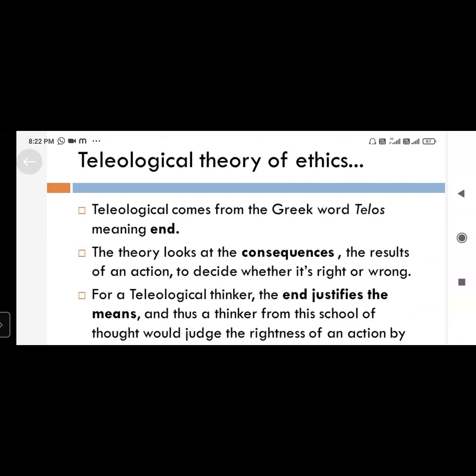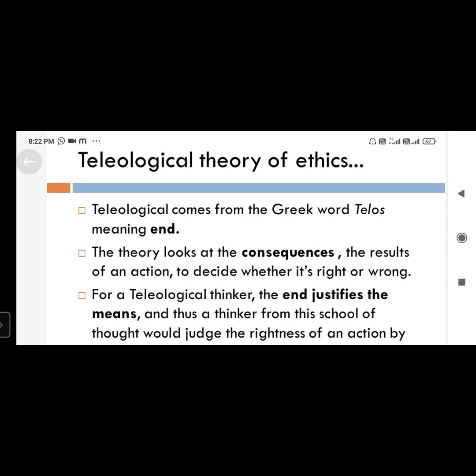Now the next theory is the teleological theory of ethics. This teleological ethics can be categorized under the consequential theory.